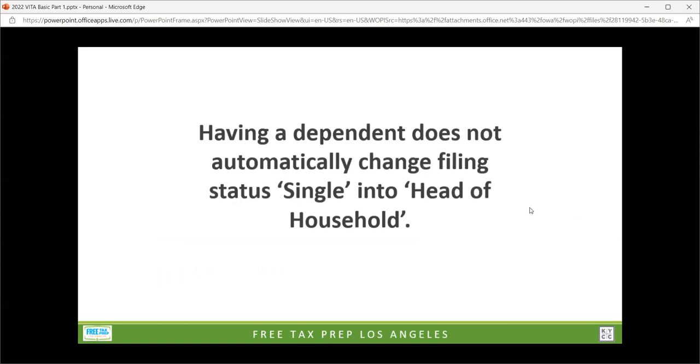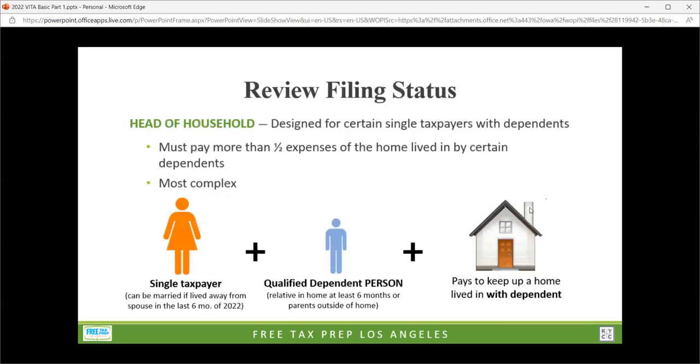Having a dependent does not automatically change filing status from single into head of household. So let's review head of household. Remember, it is designed for certain single taxpayers with dependents. Let's review the requirements. They need to be a single taxpayer, or it could be married, but they need to live away from the spouse for the last 6 months of 2022.